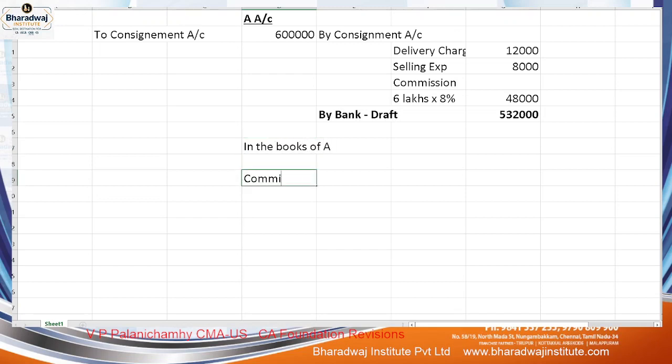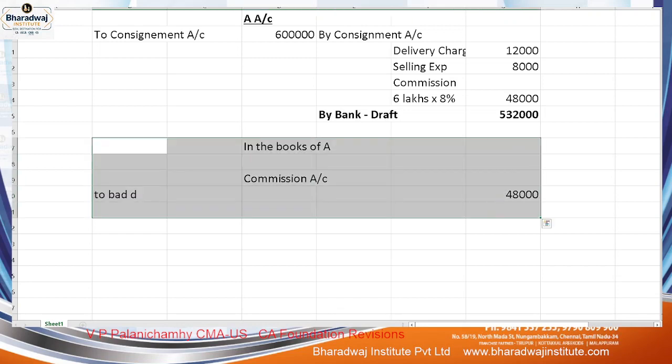The commission account. What is the commission income? 48,000 commission income, against which the bad debts will be charged. After charging the bad debts, the balance is transferred to the P&L account. So we are not asked this.